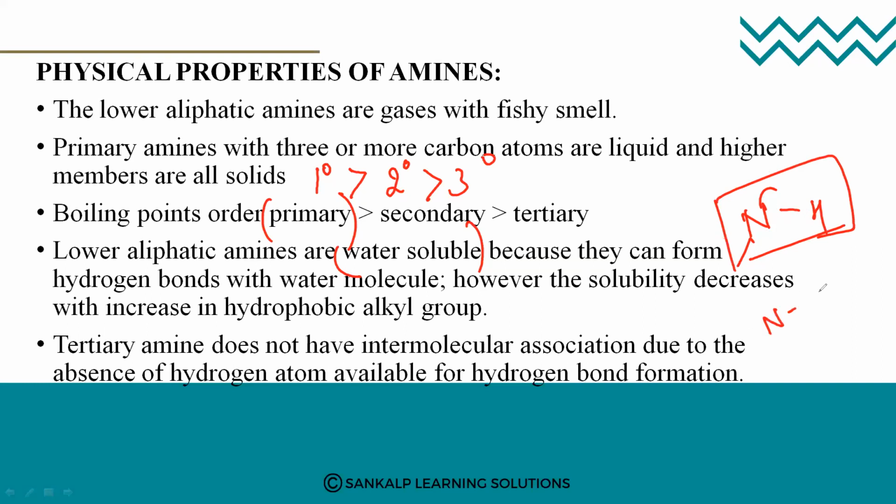As you can see in the structure, a hydrogen atom is present. This hydrogen atom in the amine can form hydrogen bonding with water molecules, so they are water soluble. But as you replace this hydrogen atom with hydrophobic alkyl groups, which do not have a free hydrogen atom that can form hydrogen bonding, the solubility decreases.